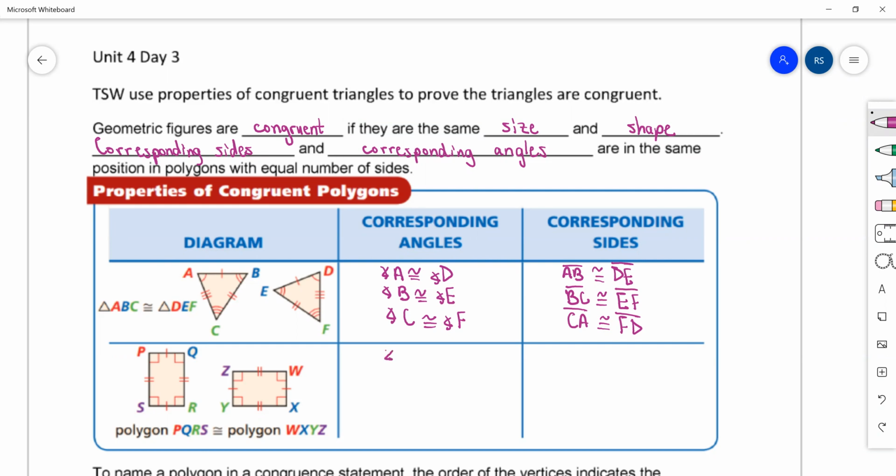I'll just start with angle P. So angle P is congruent to angle W. Then we have angle Q. It's congruent to angle X. Angle R is congruent to angle Y. And then angle S is congruent to angle Z. So those are our corresponding angles within the two shapes.